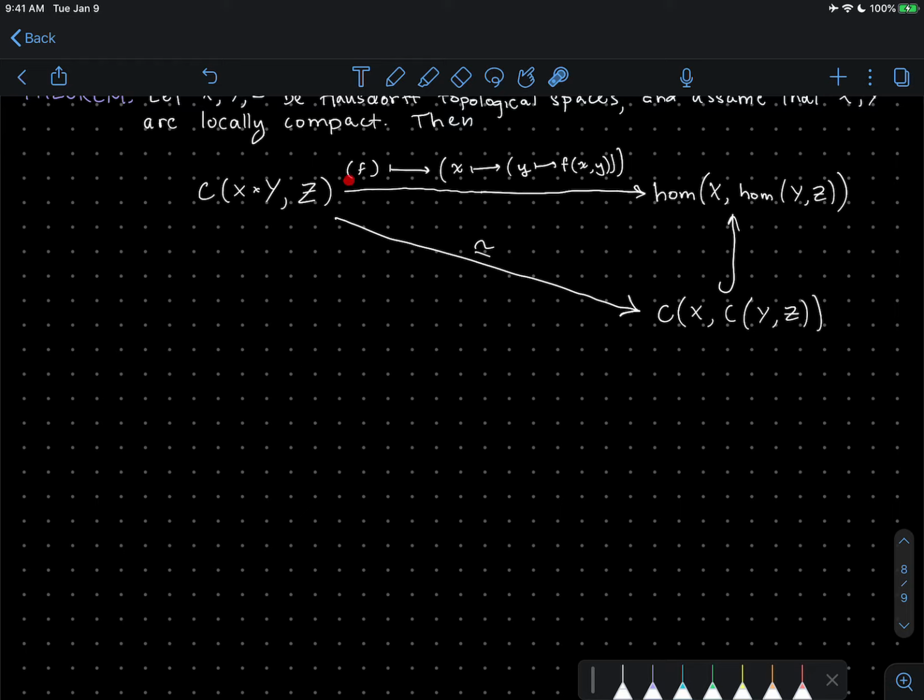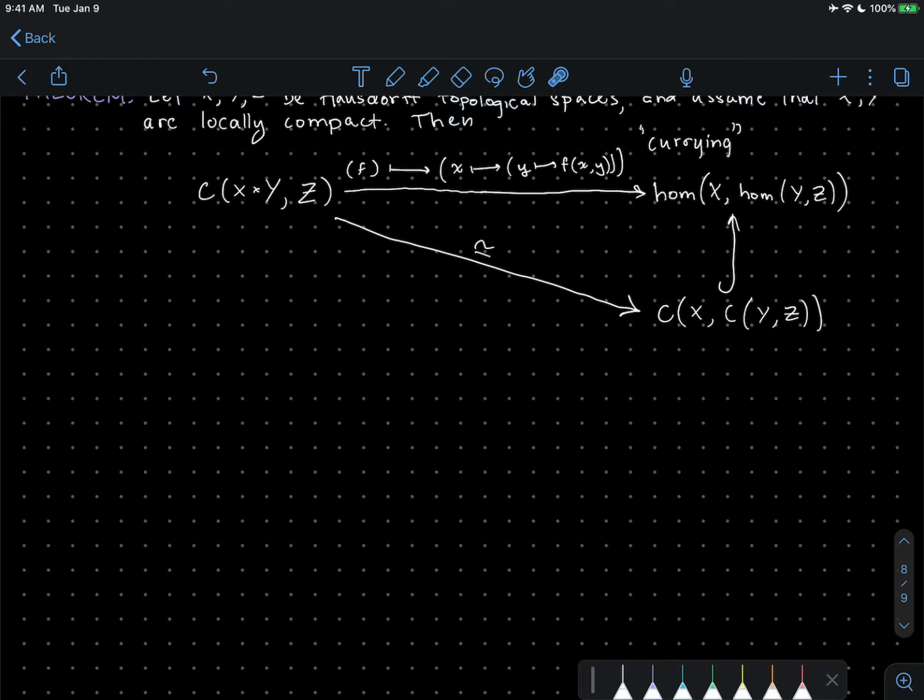The map here is frequently referred to as currying, or the Curry-Howard isomorphism, because this map makes sense when the left-hand side is replaced with arbitrary functions of sets.